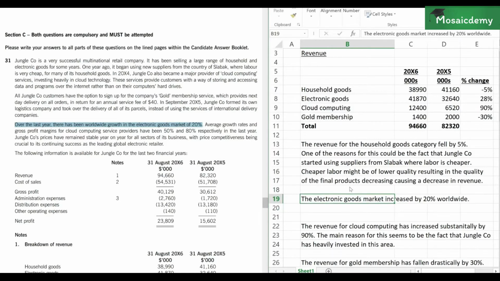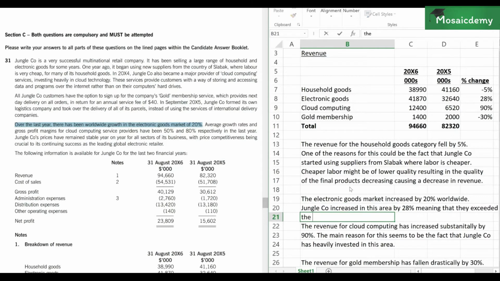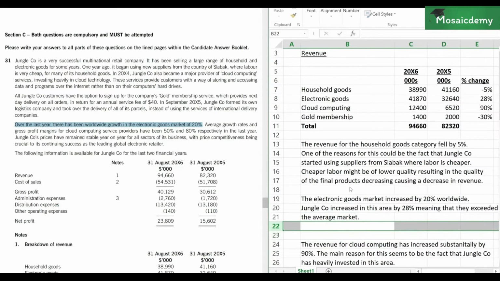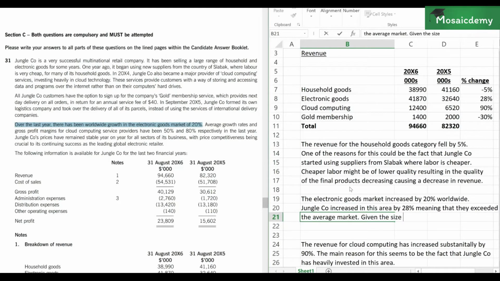And let's see what happened here. These guys increased by 28%. So Jungle Co increased in this area by 28%, meaning that they exceeded the average market, right? And we can make a point as to why that is. Given the size of their sales, you can see it's probably their biggest segment with the most sales, 41 million of their sales.